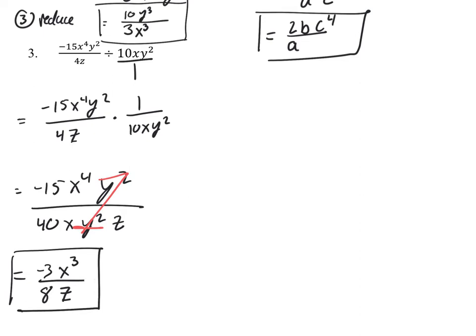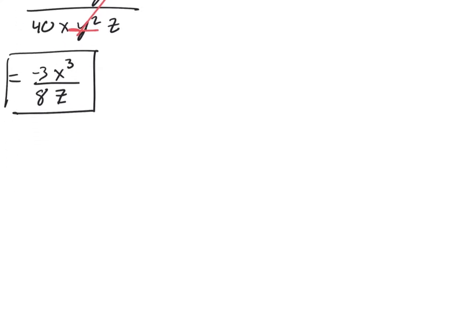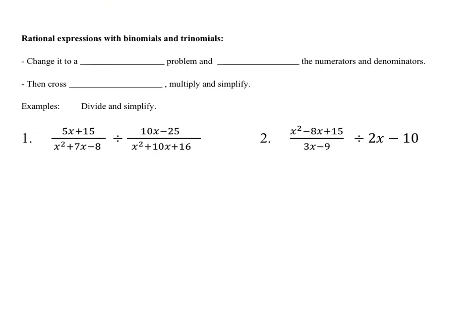Now we're going to get into reducing with division when we have binomials and trinomials. This is going to work the same as multiplication. It's the same as multiplication. It's just we have to do that extra step of writing the multiplication problem. So that's what I'm going to start doing. We're going to change it to a multiplication problem.